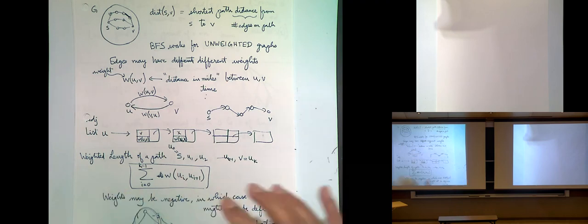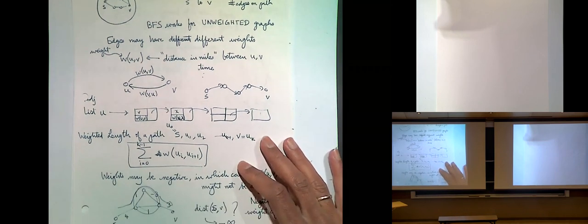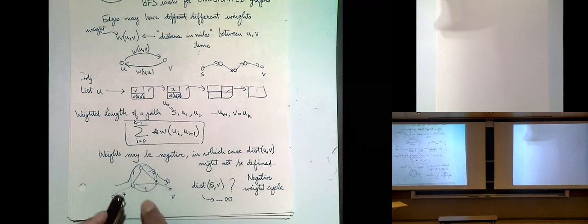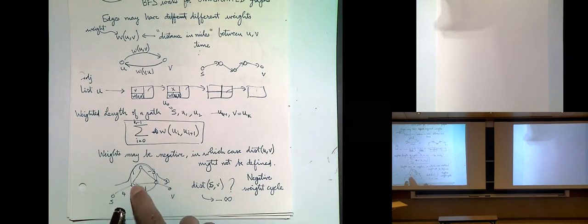Okay, so in general, weights can be negative, right? And we discussed this. When the weights are negative, for example, if you have this cycle here of negative weight, then shortest path distances aren't defined, meaning that they can become minus infinity. In which case, you don't even have the notion of a shortest path. You might say, no, I want the shortest path which doesn't repeat a vertex, but that problem is actually hard to solve.